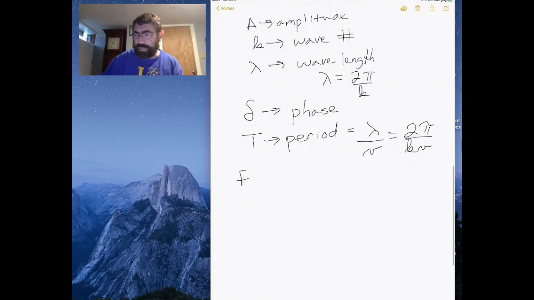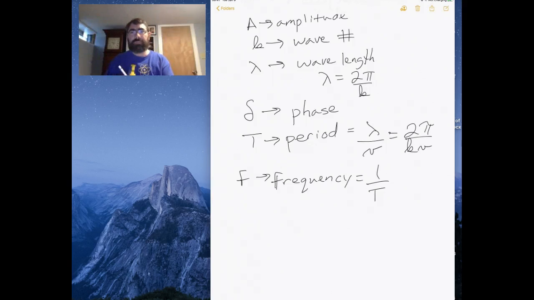f is the frequency, so it's the number of oscillations in a period, or for one period it would be one oscillation. So that would be 1 over the period, which I can now flip over and call kv over 2 pi, or v over lambda, depending on how you want to write it.